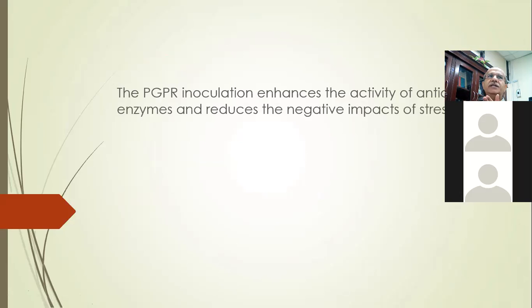Antioxidant enzymes means they produce such enzymes which protect the plant from the harmful effects of those reactive oxygen species, right? So how do they do this? What are those enzymes which protect the plant from the effect of reactive oxygen species? They produce antioxidant enzymes.